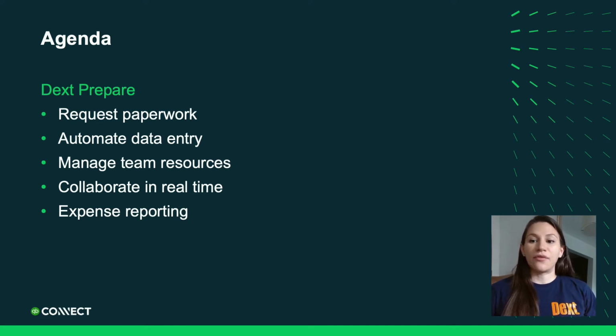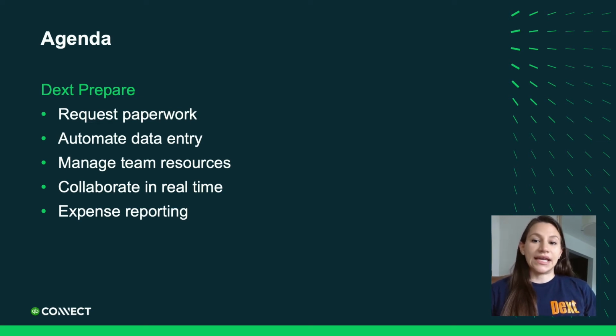Our powerful software provides real-time financial insights so you can stay one step ahead of the game with your clients, and our automated data entry frees up your time for billable advisory services. Some of the features we'll be looking at in Dext Prepare are request paperwork. Dext will show you all the transactions your clients have not submitted documents for, and you can request that outstanding paperwork through the client's app, and then use in-app chat to get clarity quickly.